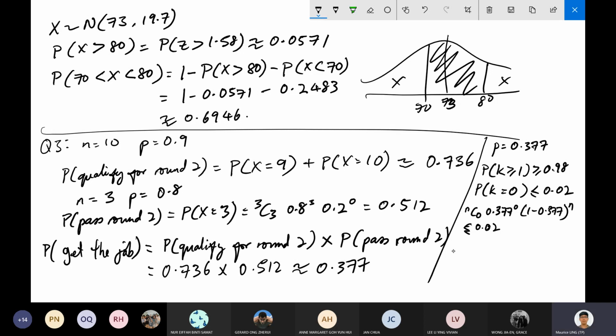So in short, you have 0.623 to the power of n, gives you less than 0.02 chance. You work it out, and it will be approximately 8.26 or 8.267. So you need to interview a minimum of 9 persons. Okay. You need to interview a minimum of 9 persons so that you have a 98% chance that at least one person is able to pass through both interviews.